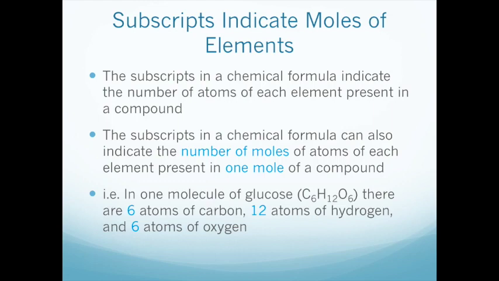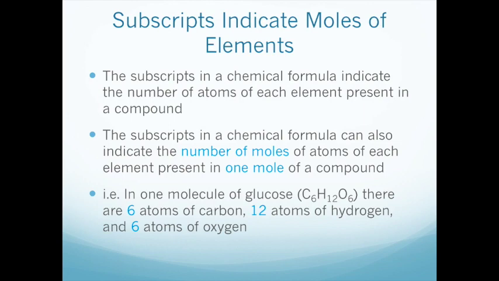So this brings us to a very convenient idea. In a chemical formula for a molecule, the subscripts equal the number of atoms present in the compound, but it can also mean the number of moles of the atom present in 1 mole of the compound.